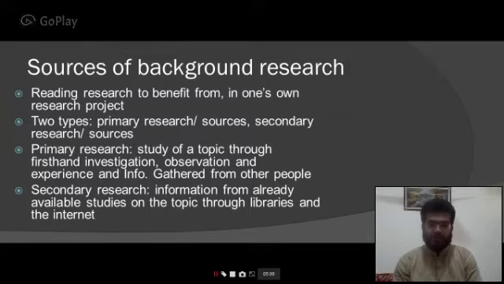See, background research is very important in any research project, and in multiple ways. Firstly, background research allows the reader to see how much the researcher knows about the topic that he is researching.